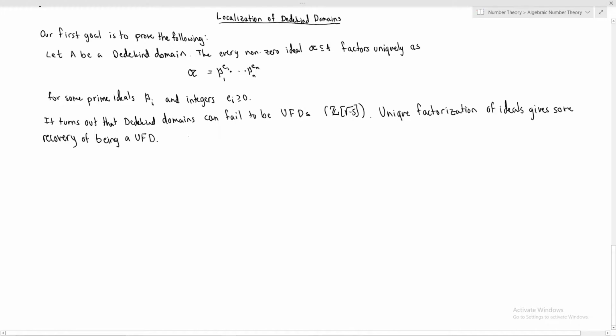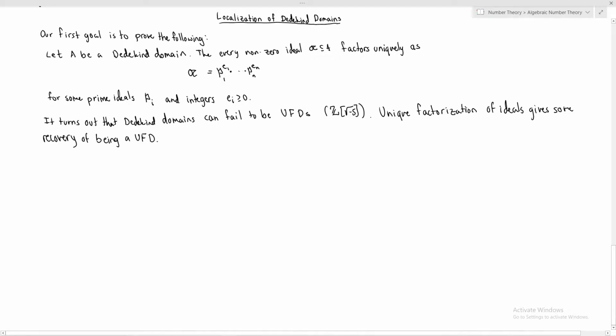So not every Dedekind domain is a UFD, but they all satisfy this thing where the ideals factor as a product of prime ideals. We're going to spend probably the next 2 or 3 lectures proving this and working through what it means.